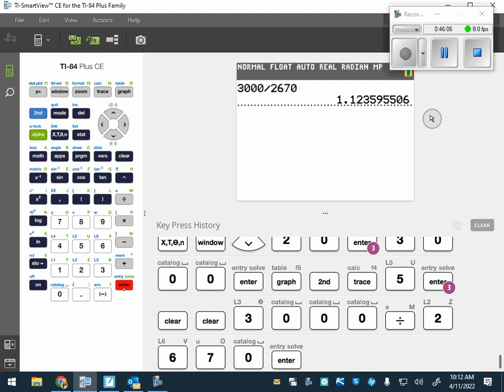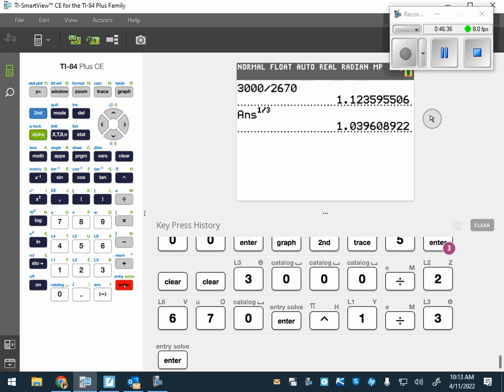So from here, to be exact, we could leave this as is, or we could round to the hundredths place, your final percentage. To be exact, the more decimal places you have, the better. But from here, once we divide, what would be your next step? Take the cube root. So if I take this and raise it to what power for the cube root? 1/3. Enter. Then what would you have to do?